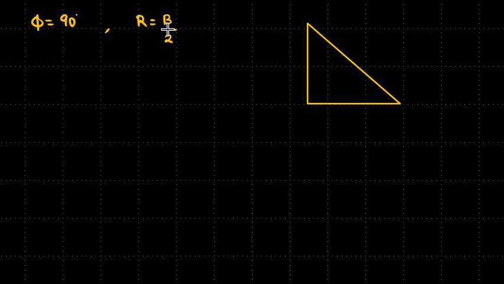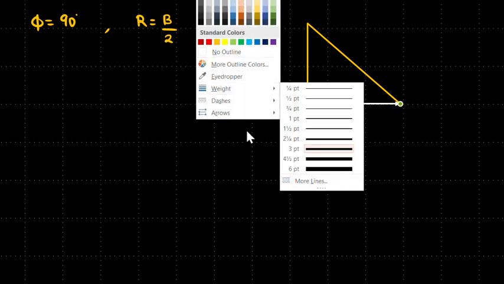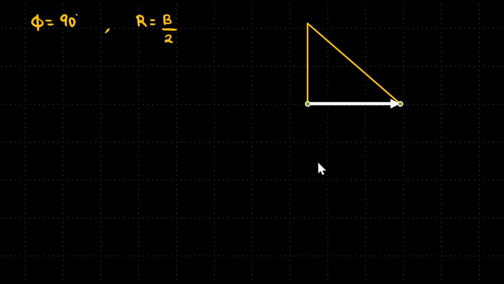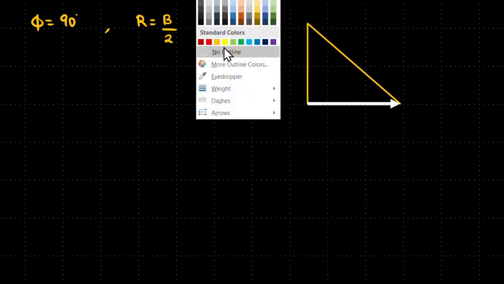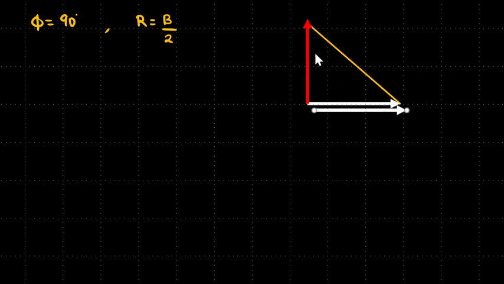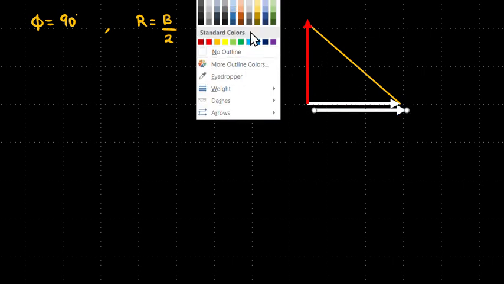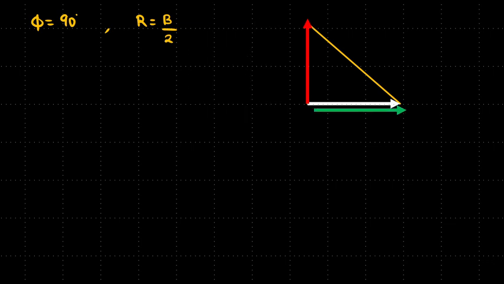So let's create the vectors. Let's make this vector some other color and a lot thicker, and I'm going to first create some vectors, and we're going to check what they are meant to be. This is going to be blue.